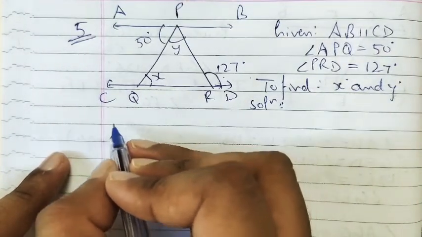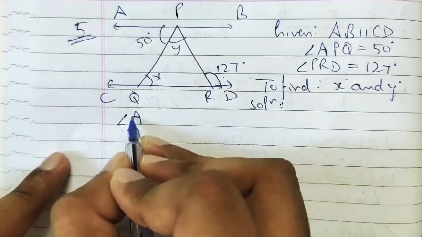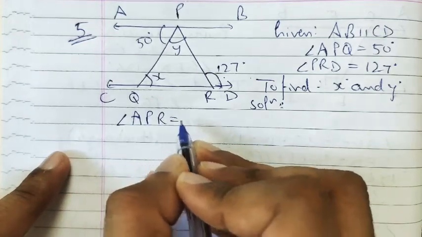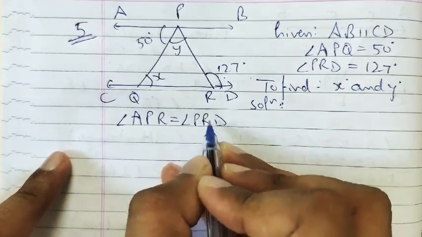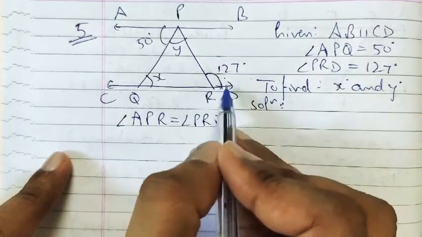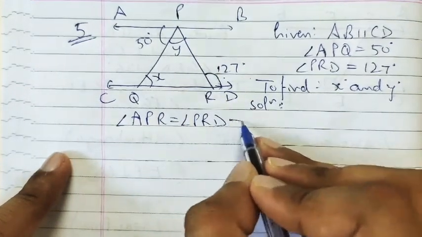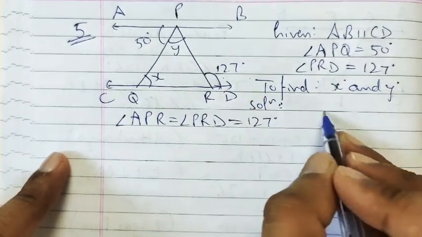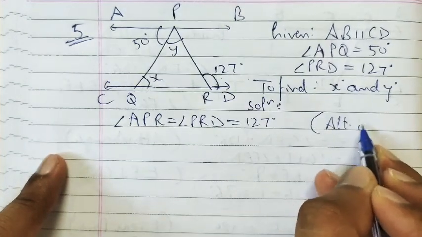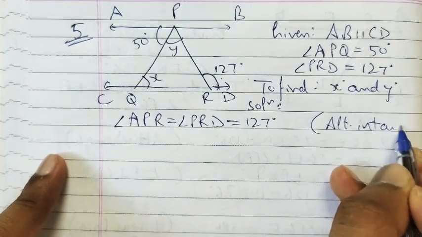Solution. Now we know that angle APR is equal to angle PRD. This whole angle will be equal to this whole angle, 127 degrees. Reason: alternate interior angle.